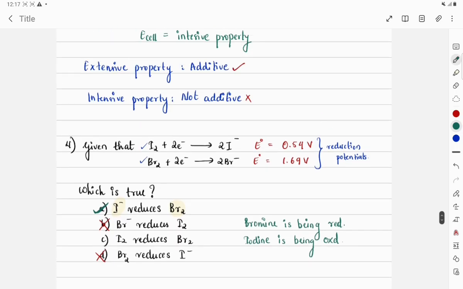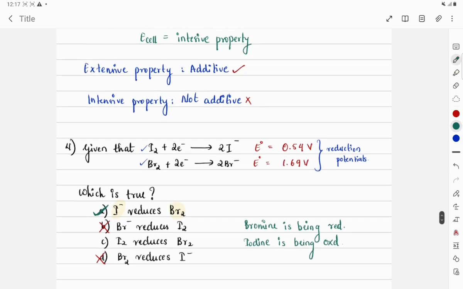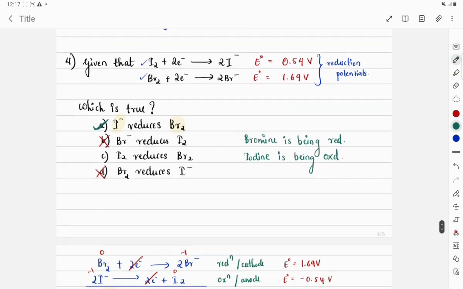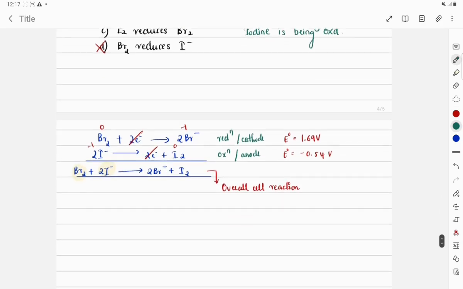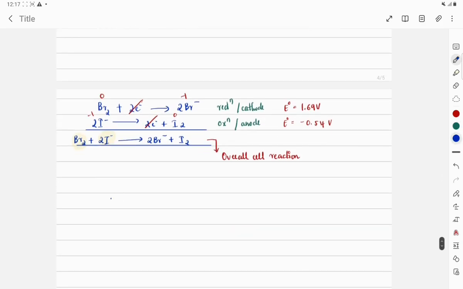Now, just as I told, the relevance of E being an intensive property can be understood from this. Here I have I2 plus 2 electrons giving 2I minus. Let's suppose we take that equation. What is the electrode potential? It will be 0.54 volt.